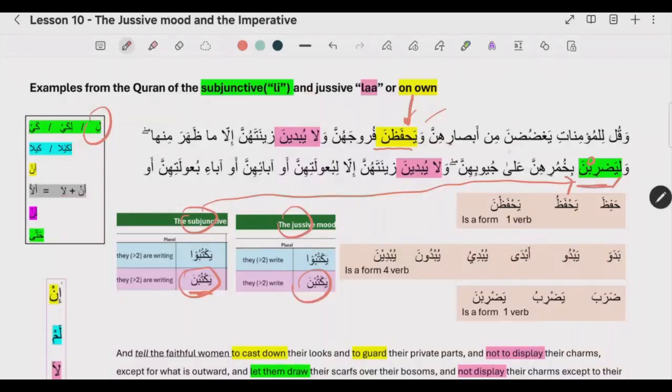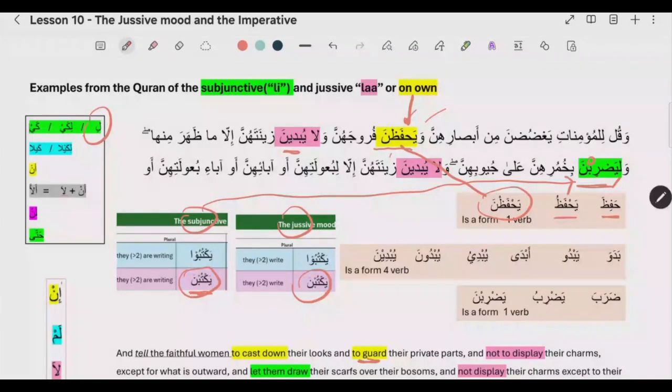Sorry, hafidha is to guard. Yahfadhu is the present tense, and yahfadna is the form from this particular form one verb. That's where you get yahfadna as a form one verb in the plural feminine. Right, yubdina.